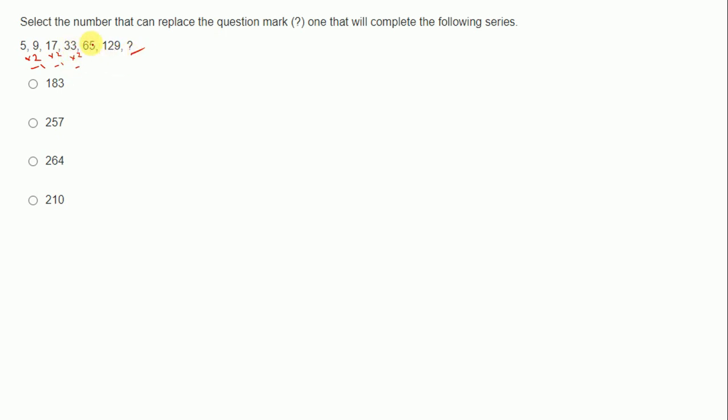And 33 into 2 is equal to 66 minus 1 is equal to 65, and the same pattern is followed. So 129 into 2 is equal to 258 minus 1 is equal to 257. So option B will be correct.